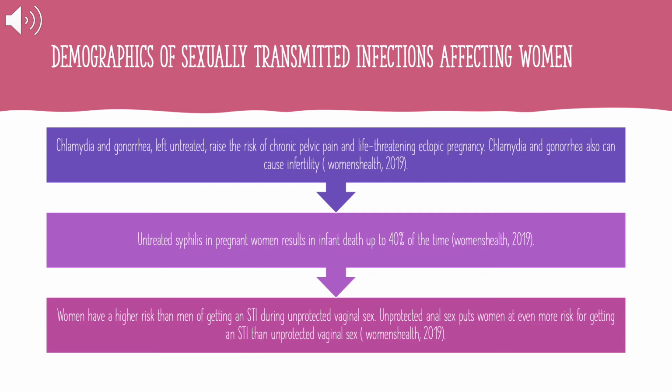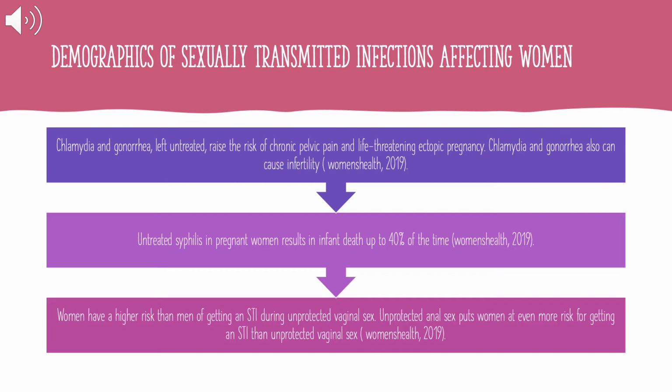Demographics of sexually transmitted infections affecting women. Chlamydia and gonorrhea, left untreated, raise the risk of chronic pelvic pain and life-threatening ectopic pregnancy. Chlamydia and gonorrhea also can cause infertility.